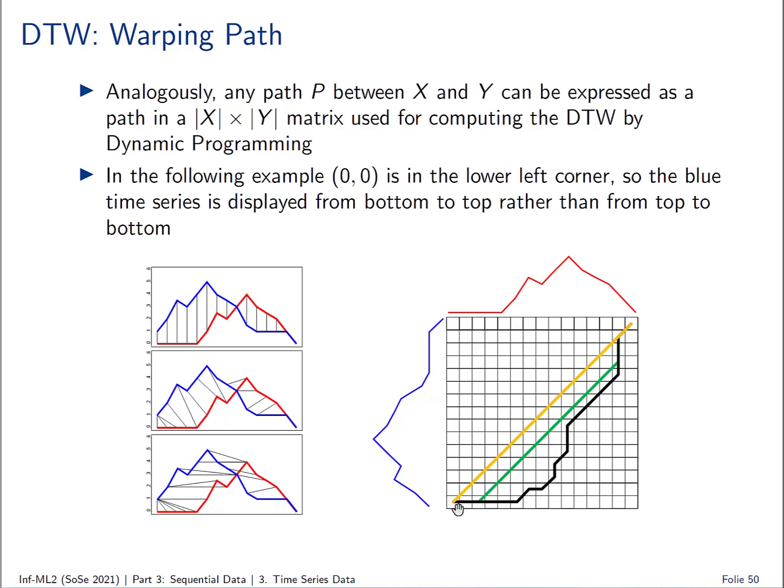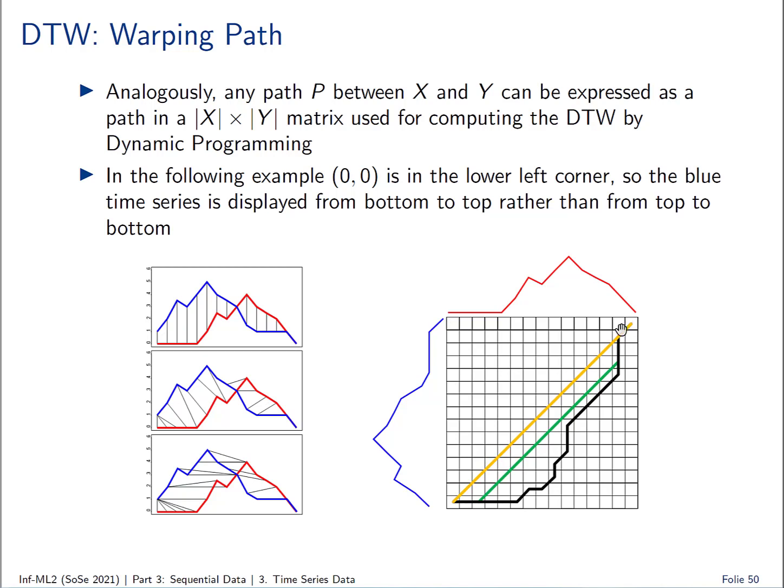Now it's a little bit different. 0,0 is this one here, the lower left corner, meaning that the blue time series on the left is displayed from bottom to top rather than from top to bottom, which we did in the edit distance visualization. So just don't get confused here. It's really the same idea and the same concept. The only thing is that we don't start here and go down; we start here and go up.